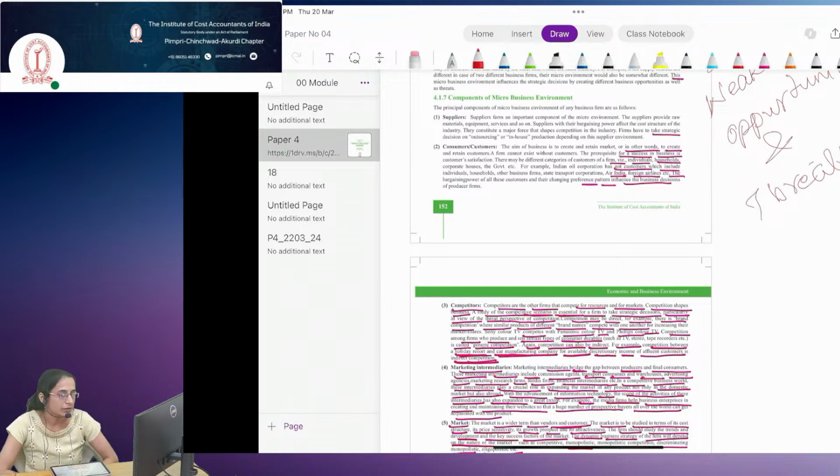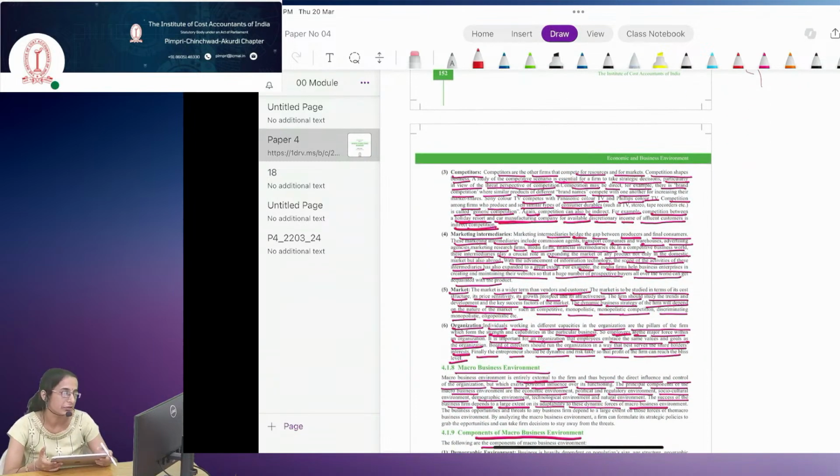Every company will have different segments of customers. It could be individuals, households, financial institutions, state government institutions, other organizations, right? So there are various segments of consumers for an organization.